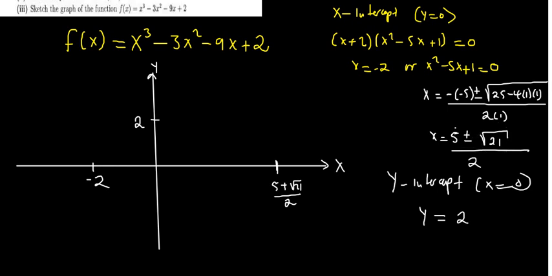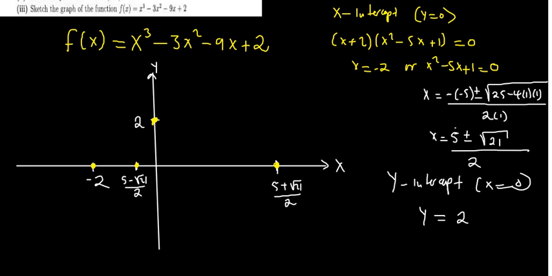That will be 1, and 1 over 2 is a half, meaning that this one is smaller, below the negative 2. It will be somewhere here. That is (5 minus square root of 21) divided by 2. So these are the points where the graph is going to cut: here, here, here, and it's also supposed to cut through here.